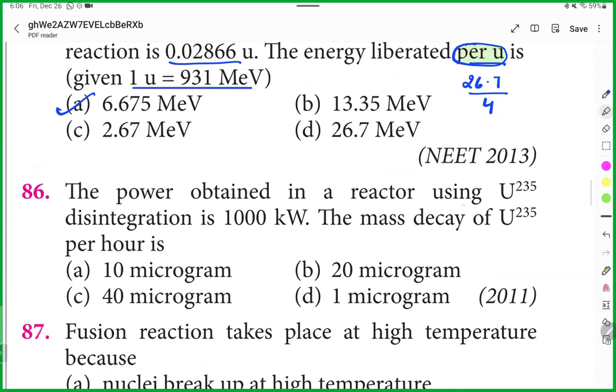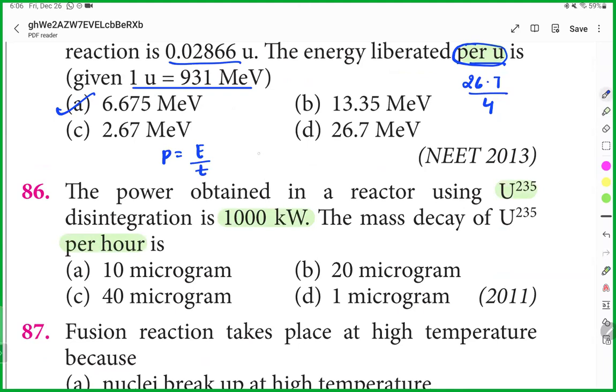Chandana, power obtained from nuclear reactor using this is this. Mass decay per hour is. You have power and you know power is equal to energy by time. Correct? You have time also.